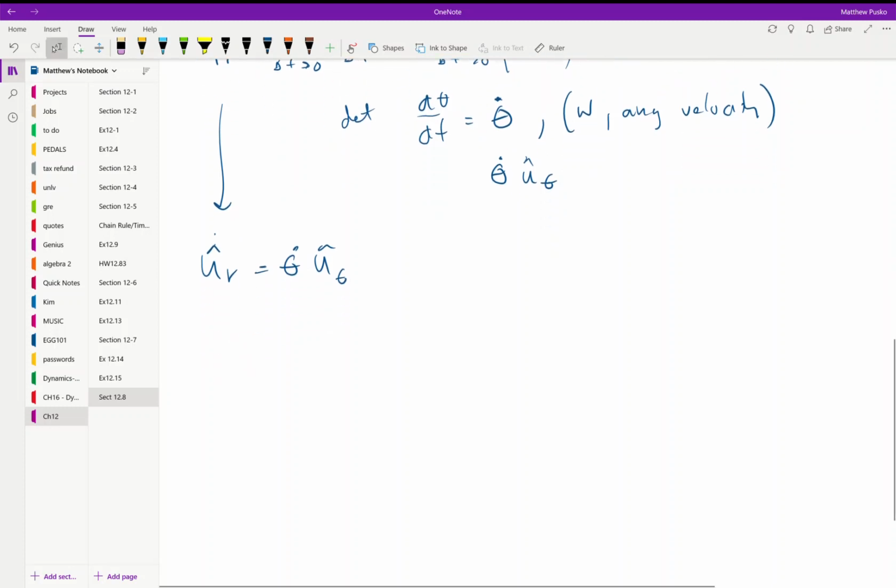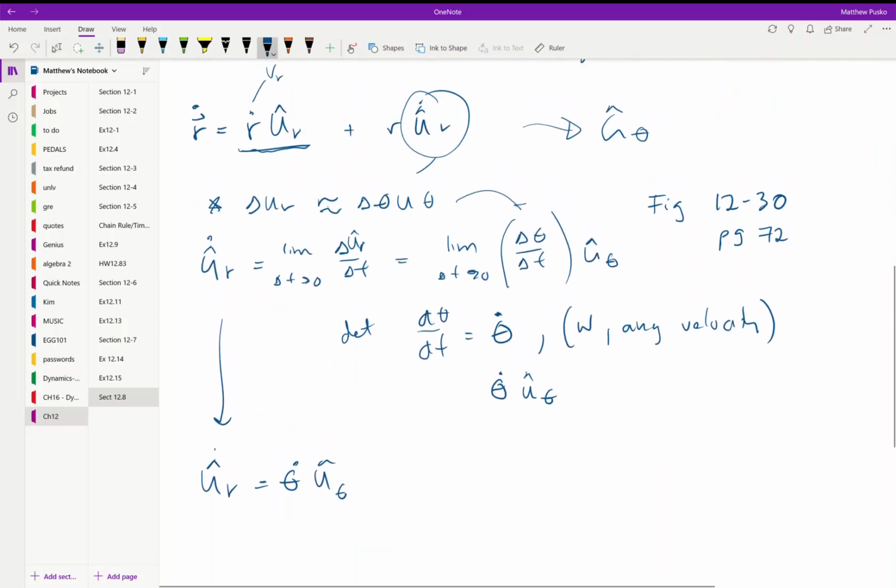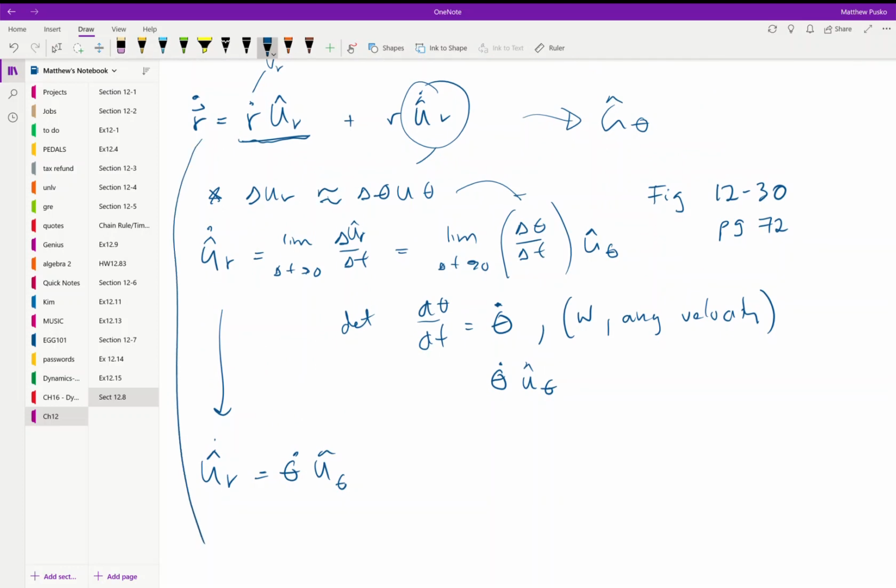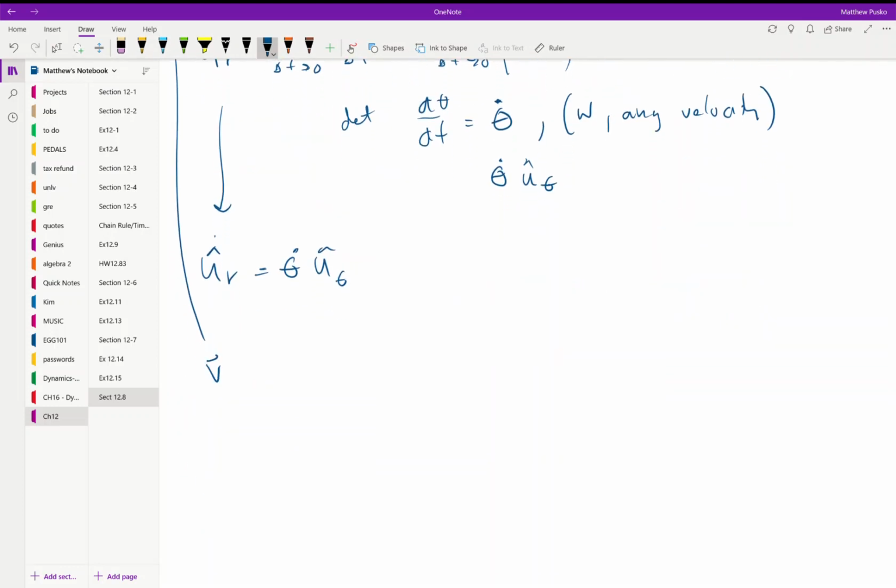We can put it all back together now, and we started with r dot. Well, that's the velocity in the r direction. Let's just keep calling it r dot though. When we're in cylindrical, let's use r dot and theta dot as much as possible.